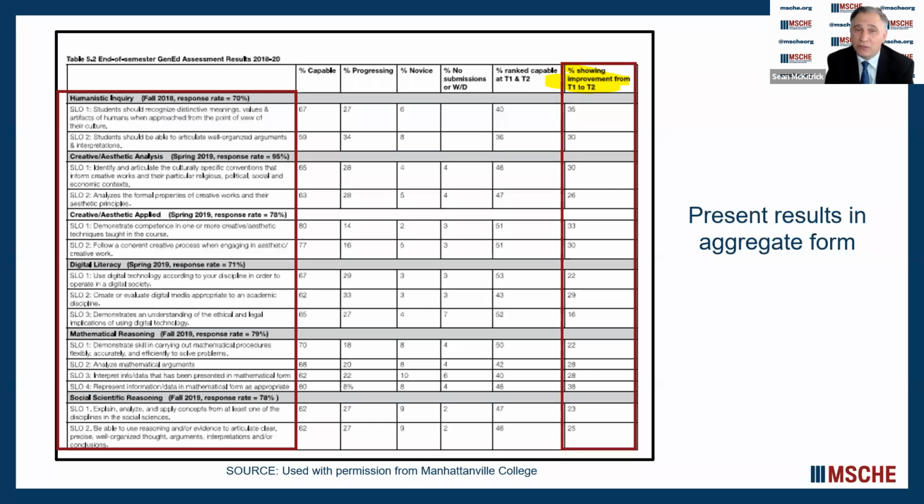Evaluators appreciate this sort of presentation, especially in the self-study report, if a limited number of results are described and then it references this document so evaluators can confirm and clarify. This example was given by Manhattanville College, which did a great job in demonstrating evidence, but also in populating an evidence inventory.